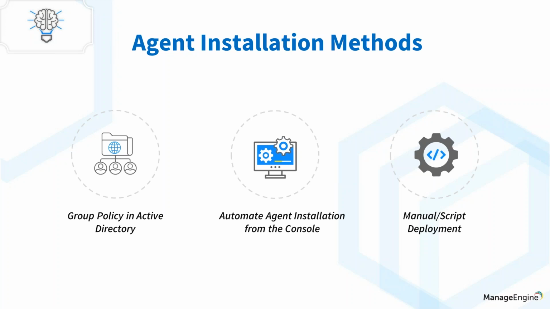We do have automatic agent installation directly from the web console. You can add multiple domains and choose the machines from those domains and push out the agent to them. We also have scripts that you can use to install the agent. Alternatively, you can download the agent manually and execute the setup directly on the machine. I will show you how to install the agent in detail during this training.